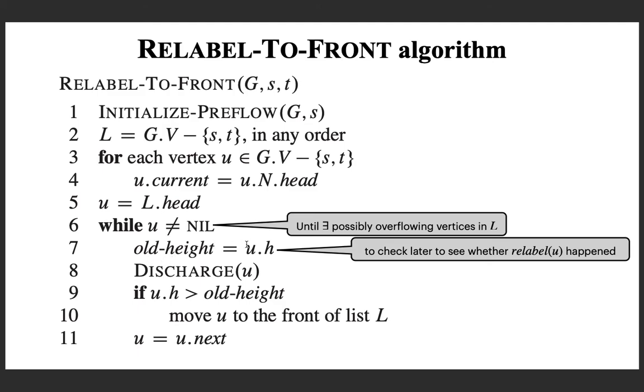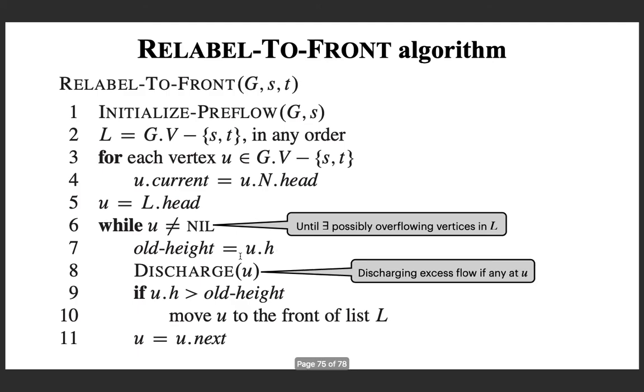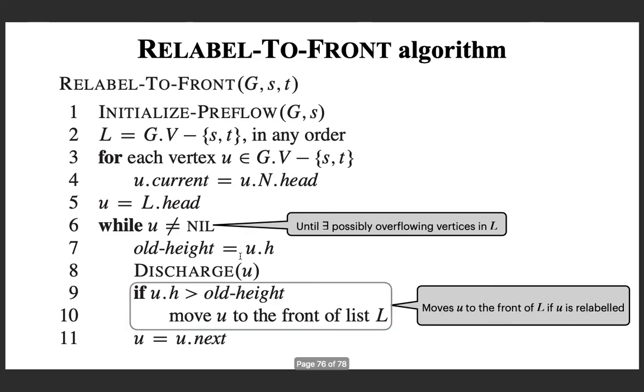This is just remembering it temporarily to see whether relabel is performed or not. That is the only purpose. So, what it basically does is pick vertex u from the linked list, then perform the discharge, the previous procedure. And after discharging, it checks whether the discharge relabeled that vertex or not.